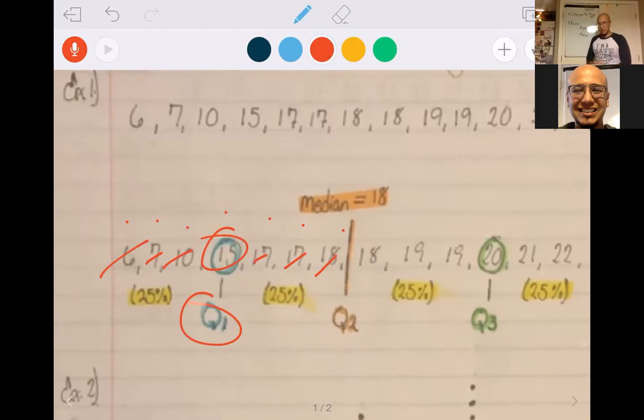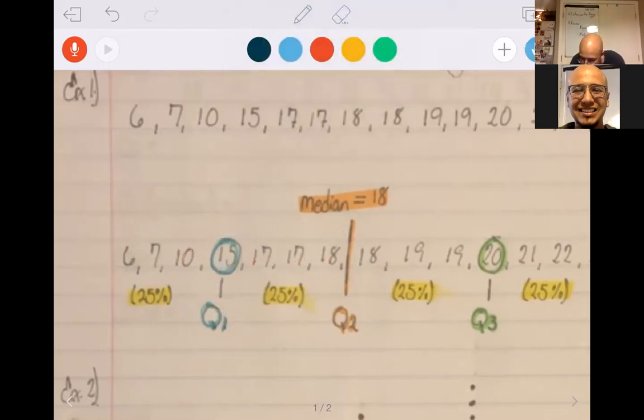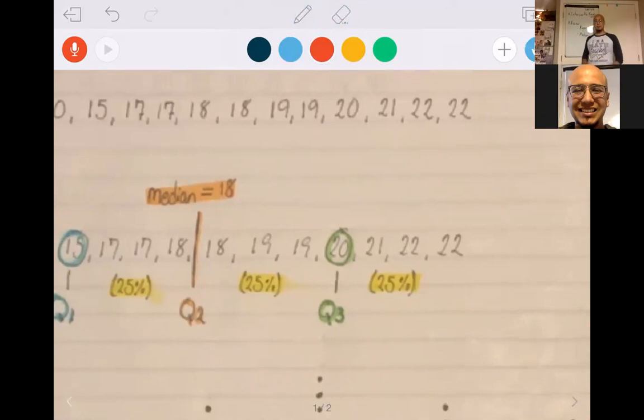So again, we already found quartile 2. That was the median of the whole thing, which is 18. Then I looked at the lower half and found that median, and that median was 15, so I'm going to label that Q1. Now I'm going to do the same thing for the upper half. I'm going to find the median of the upper half.